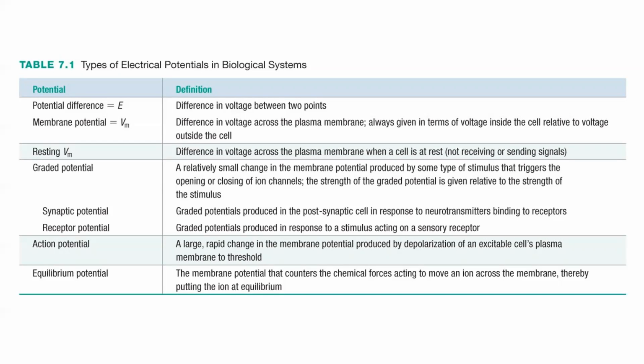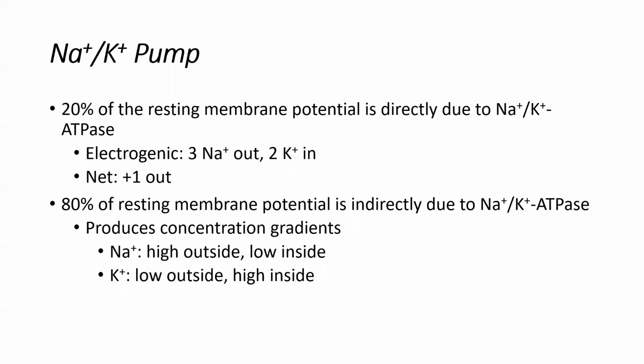And then the equilibrium potential we already introduced. This is the membrane potential at which an ion is not moving. When the CDF and the EDF are exactly equal and opposite, that ion is said to be at equilibrium. And at that potential, that ion in question is not moving.